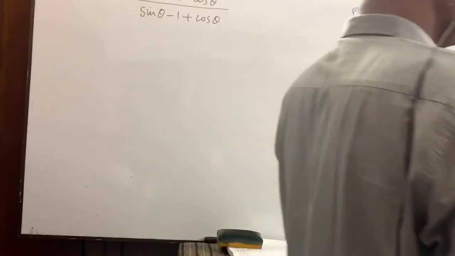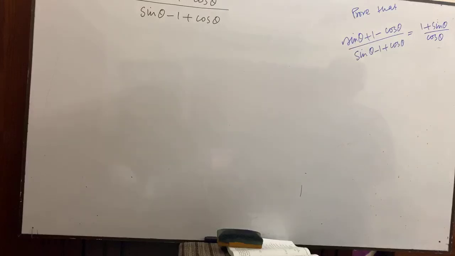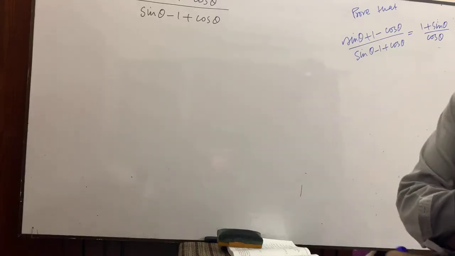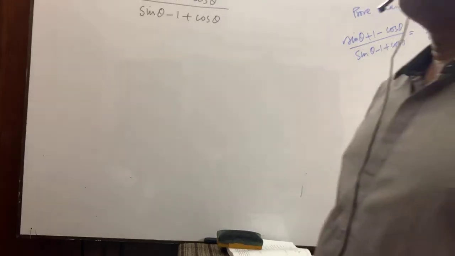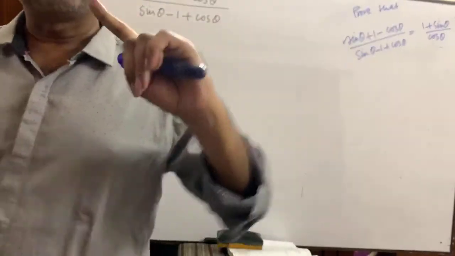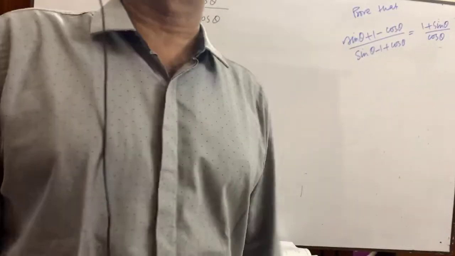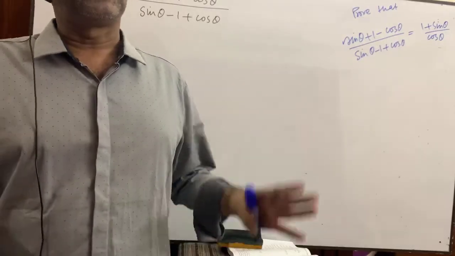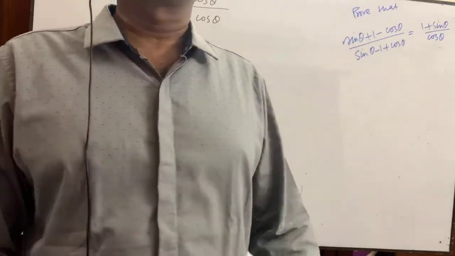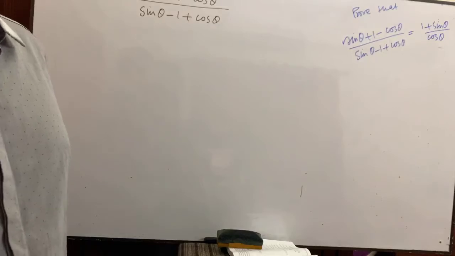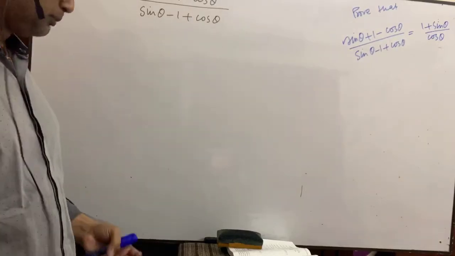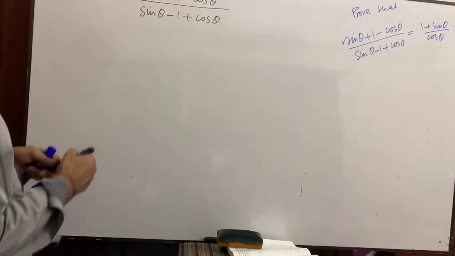No. If it is sin square theta plus cos square theta equals 1, then I cannot put it into formula. That is the trigonometric identity I can put, but the formula of a square minus b square is not there for sin square theta plus cos square theta equals 1. But for sec square theta minus tan square theta, we can easily put it into formula. So please pay attention, all of you.